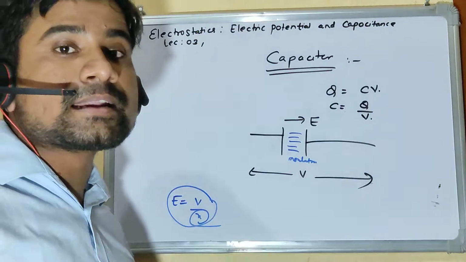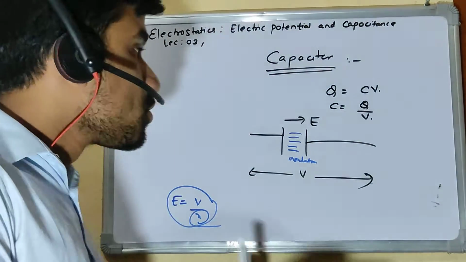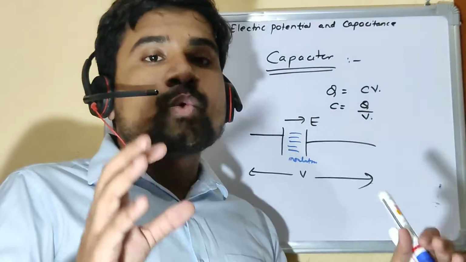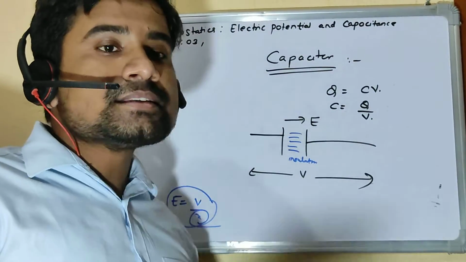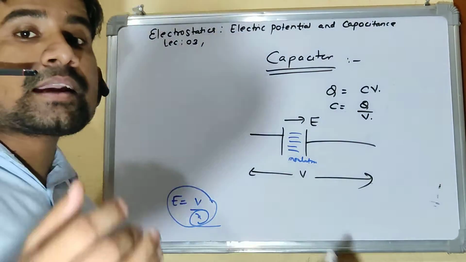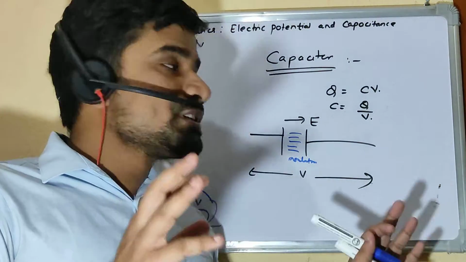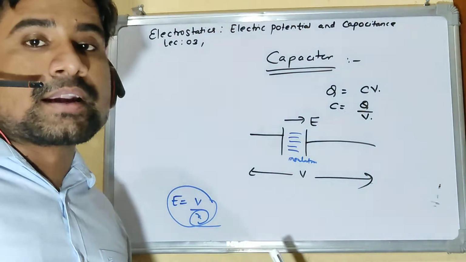There is a dielectric breakdown limit for any capacitor: the maximum magnitude of electric field with which it can withstand the breakdown.